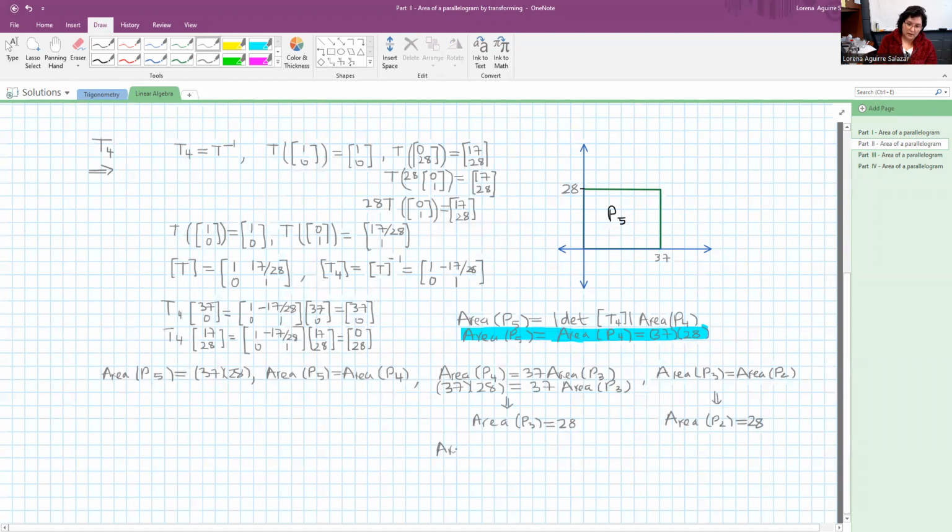And finally, the area of P2 is the same as the area of P1. Then the area we're looking for is 28.